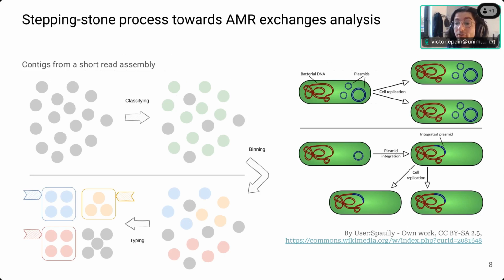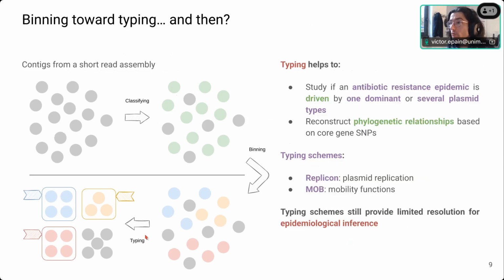So which type of analysis do we want to do? The typing, so labeling the bins we have obtained from the classifying results. Typing helps to, for example, study if an antibiotic resistance epidemic is driven by one dominant or several plasmid types, and can enable to reconstruct phylogenetic relationships based, for example, on core gene SNPs.